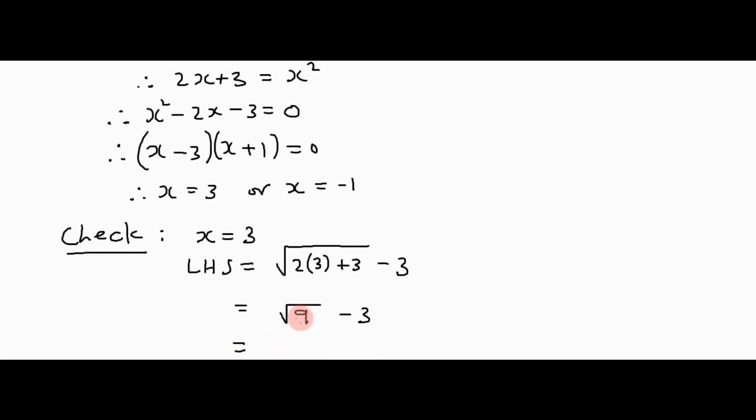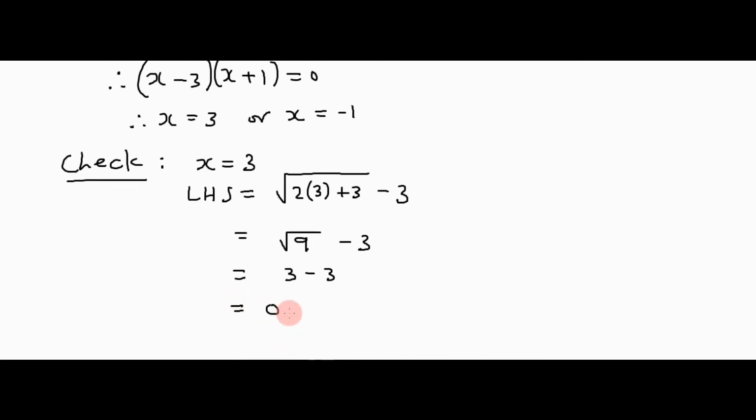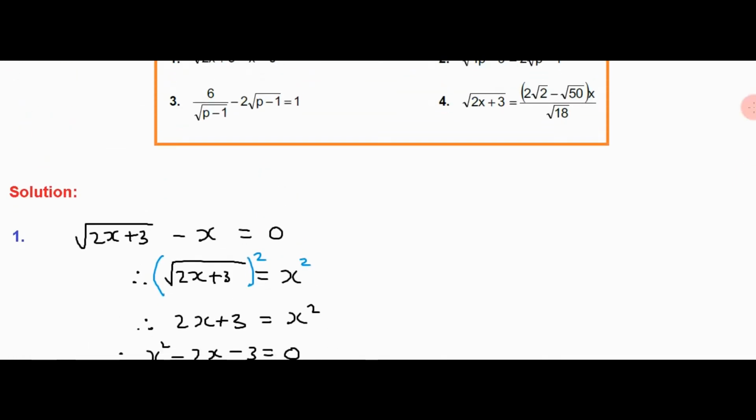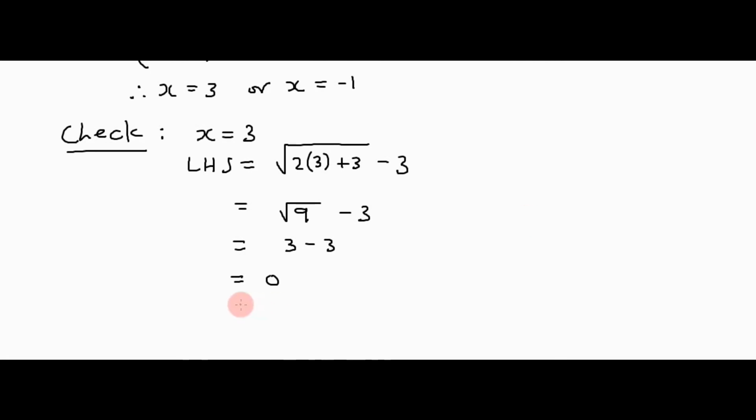And the square root of 9 is 3. So it's going to be 3 minus 3, which of course is 0. And as you can see, it's equal to the right-hand side. So we know that x equals 3 is a solution to the original equation.